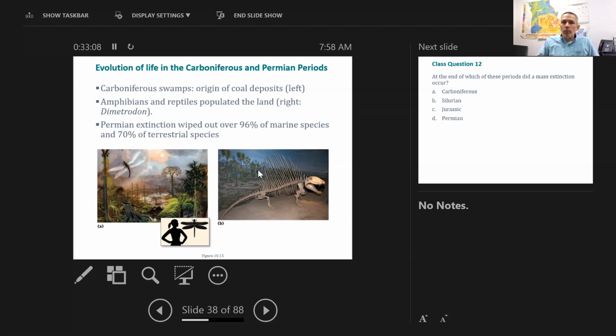So you may have heard about the dinosaurs going extinct, but that's not the only time that we've had a great extinction event. We've had 5 different extinction events. At the end of the Ordovician, we lost about 86% of the diversity of life. At the end of the Devonian, about 75%. And then this one, again, 96% of marine species.